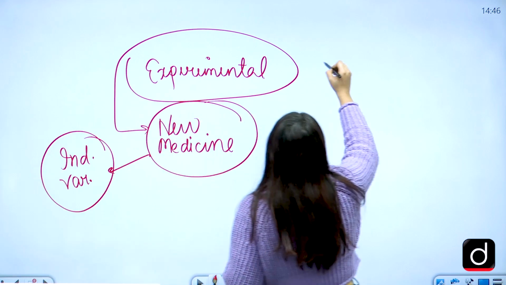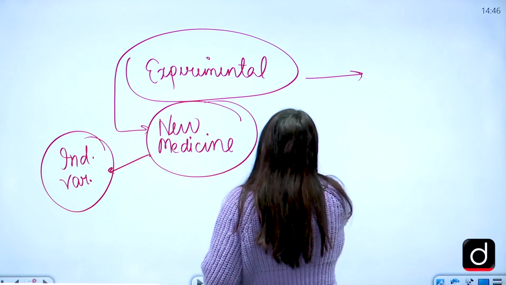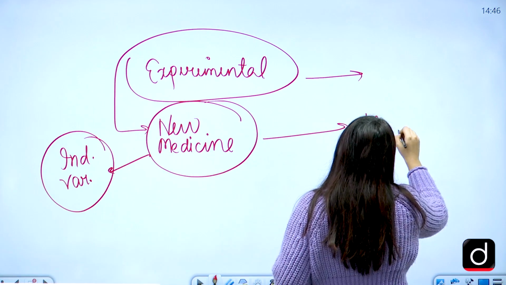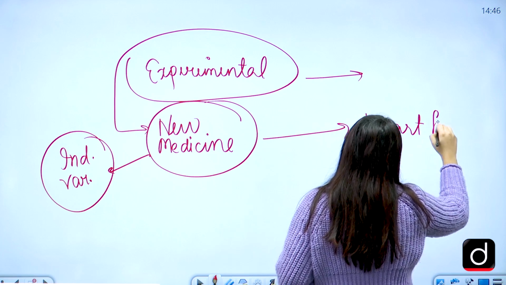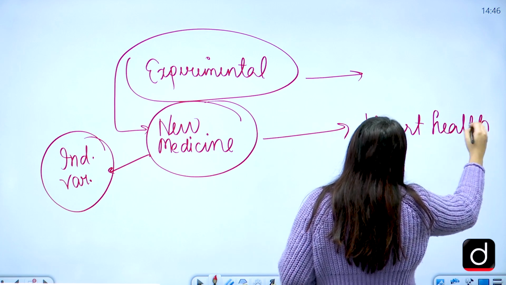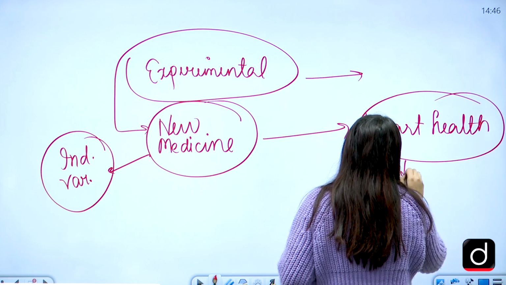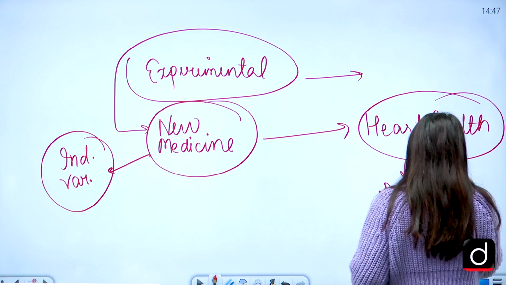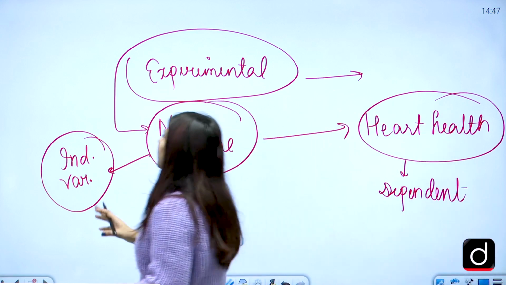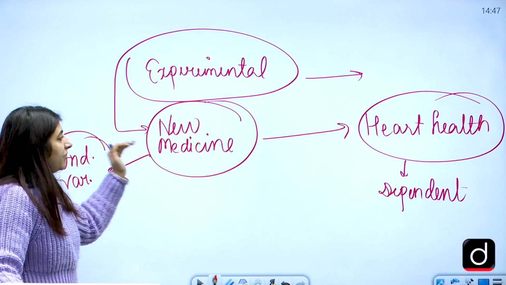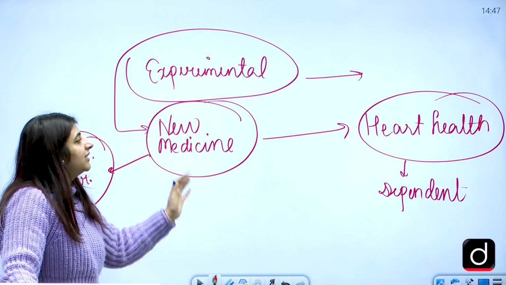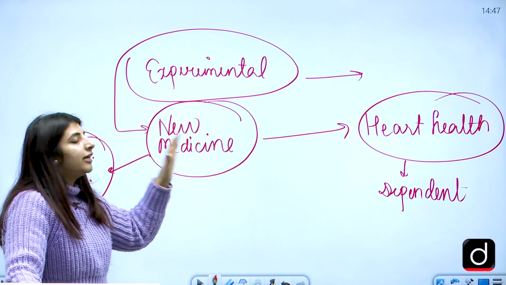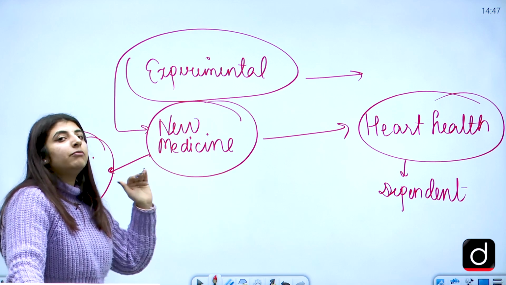And the effect of that very medicine on my heart health is the dependent variable. So in the experimental part, I am going to see if I am taking a dosage of a new medicine, does that affect my heart health in a good sense, right? Does it improve my heart health?